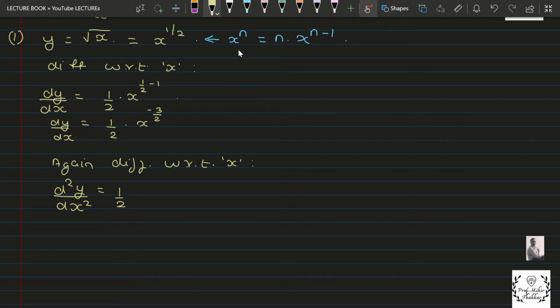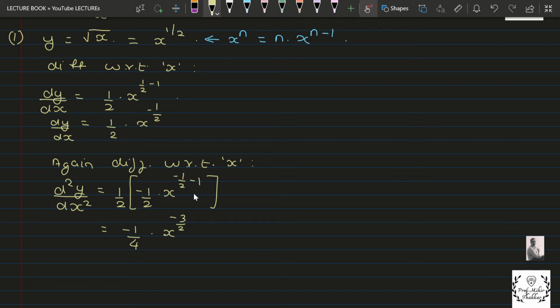Then minus 3 by 2 minus 1, sorry, this has to be minus 1 by 2. Then after that, minus 1 by 2, x raised to minus half minus 1, minus 1 by 4.